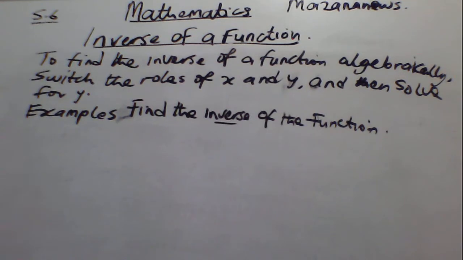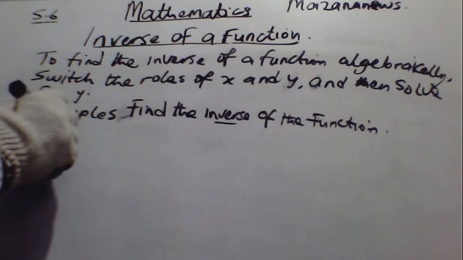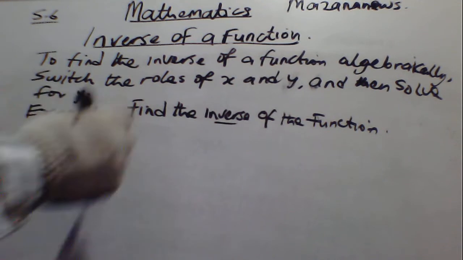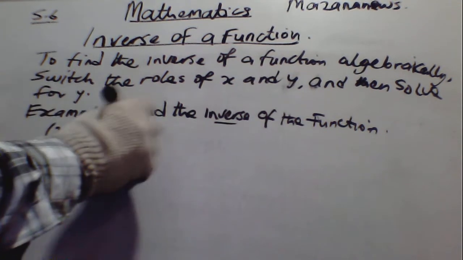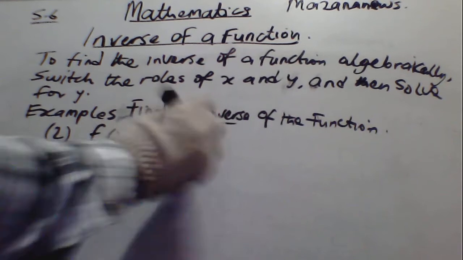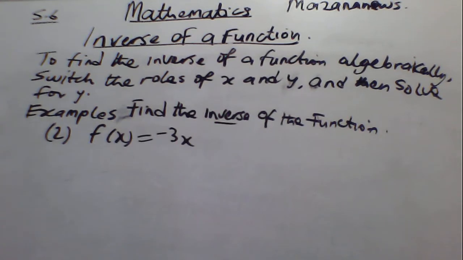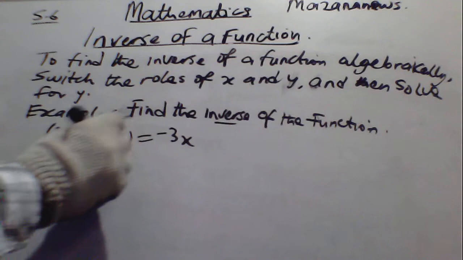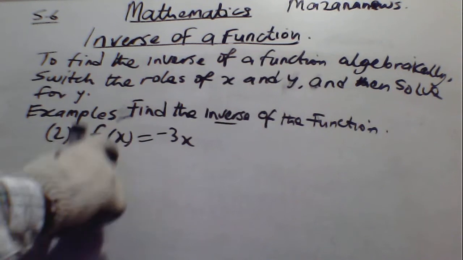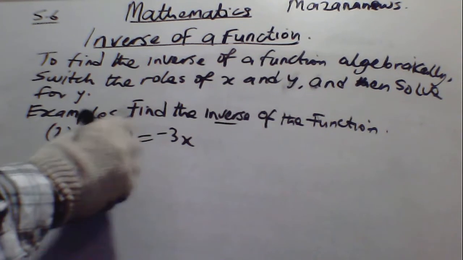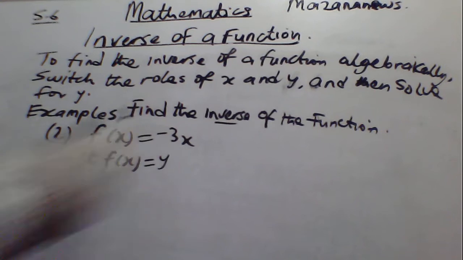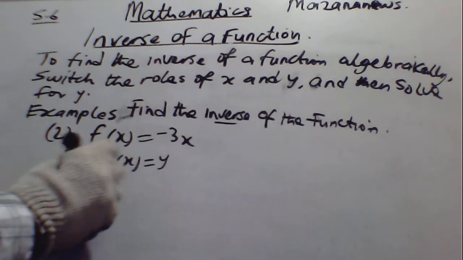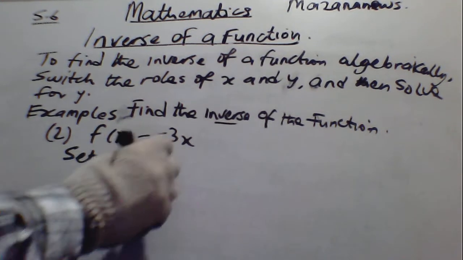You are given the second question. Find the inverse of the function. The second question, f of x equals minus 3x. So how do you find the inverse? First set f of x equal to y, which means y is equal to minus 3x.